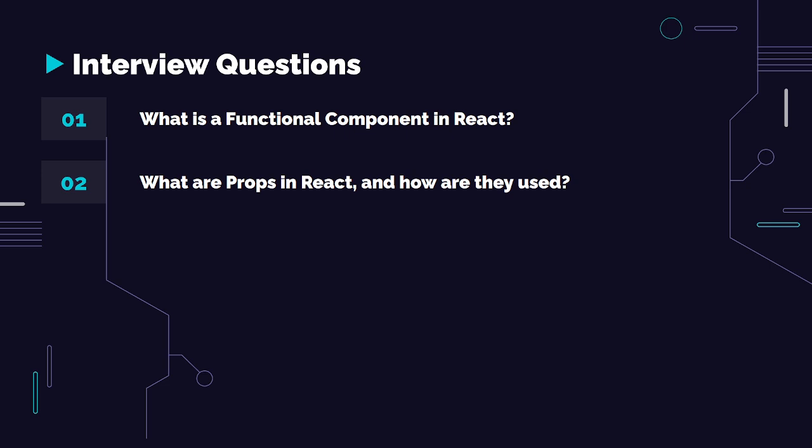So props are read only. That means the child component can only use them to show something in the UI, but they cannot modify them. The props are passed as attributes when rendering a component and accessed as an object within the child function.